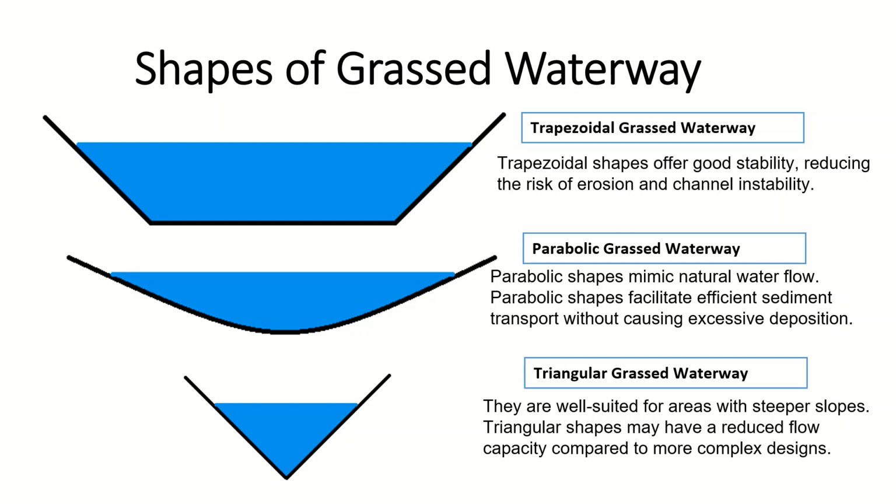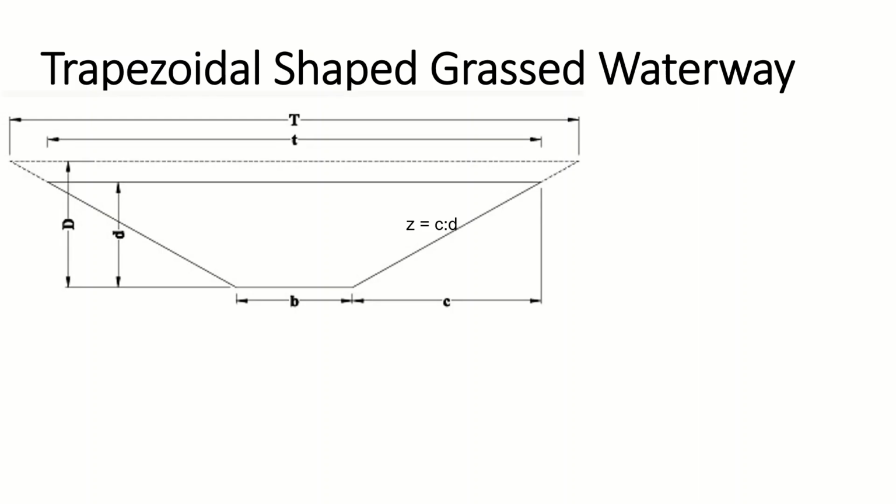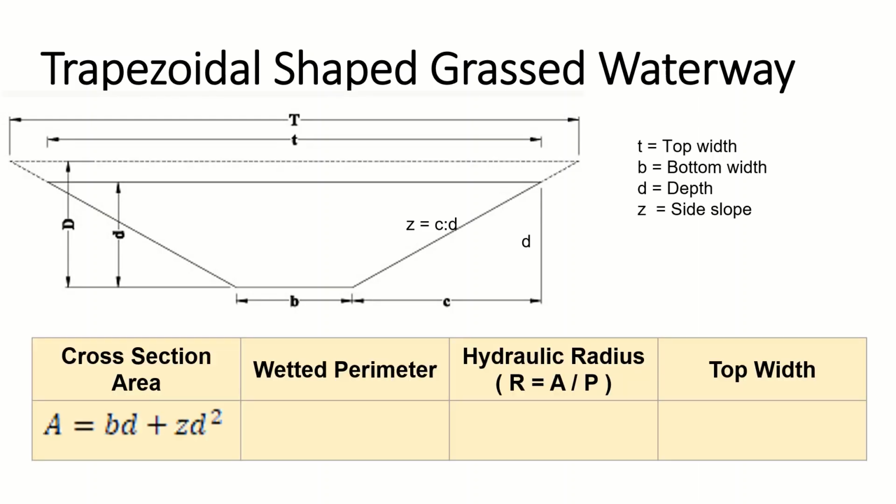Now this is a trapezoidal shaped grass waterway. To compute the area of this trapezoidal grass waterway, we can use this formula: A is equal to BD plus ZD square, where B is the bottom width, D is the depth, Z is the side slope, and these I have already described.